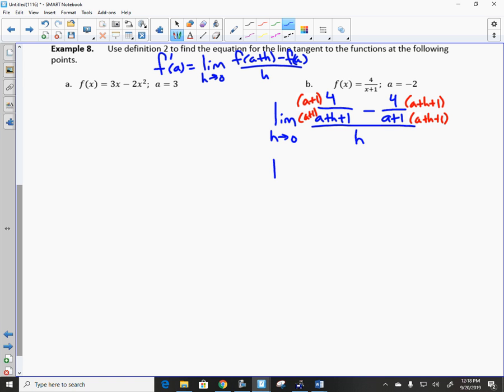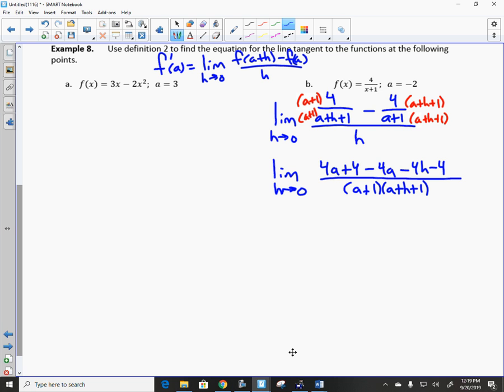And so I get the limit as h approaches 0 of 4a plus 4, then what? Good. I like that you're seeing that we distribute the negative all the way through. And the denominator, I have a plus 1 times a plus h plus 1.